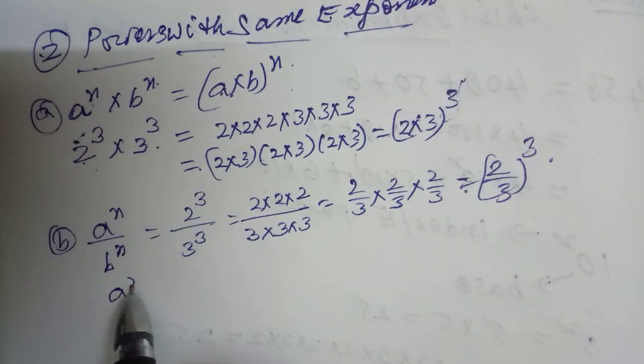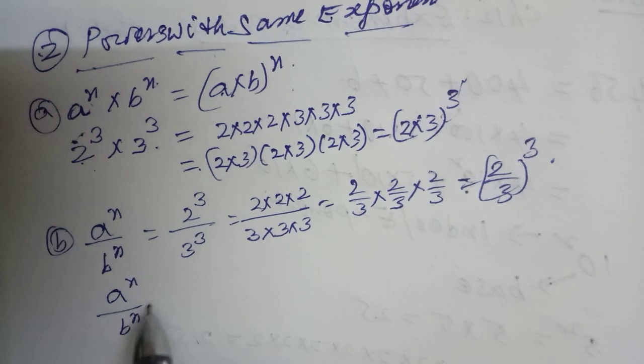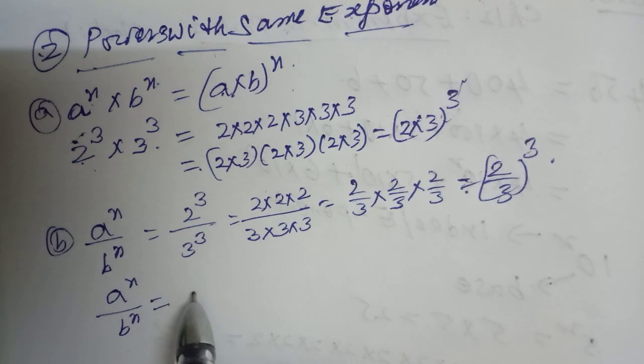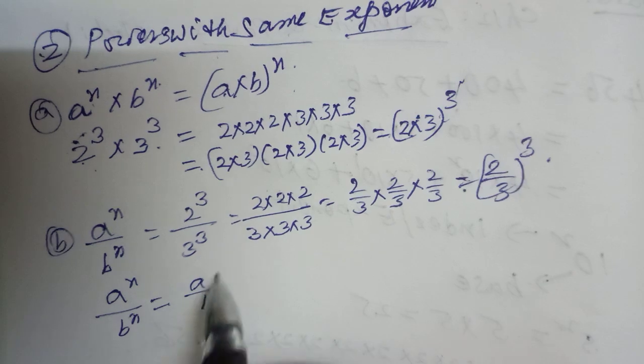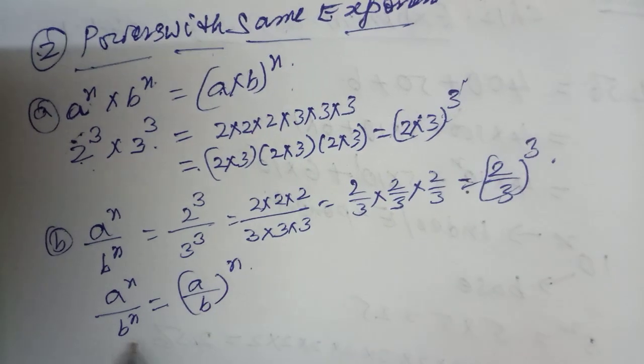So a to the power of n by b to the power of n is equal to a by b whole power n.